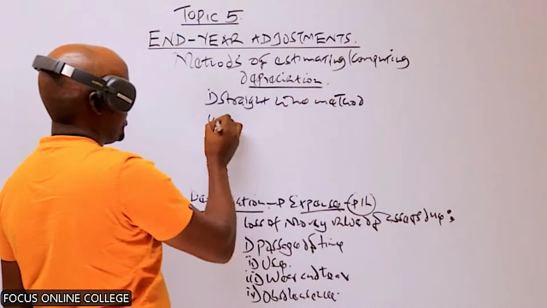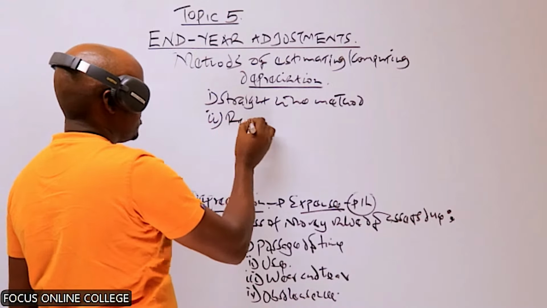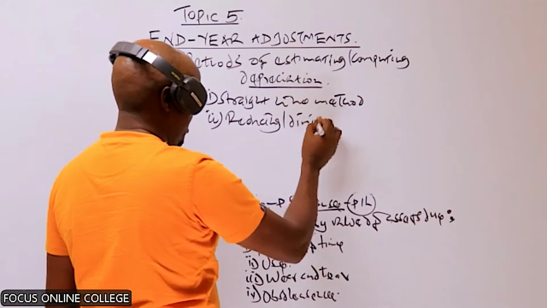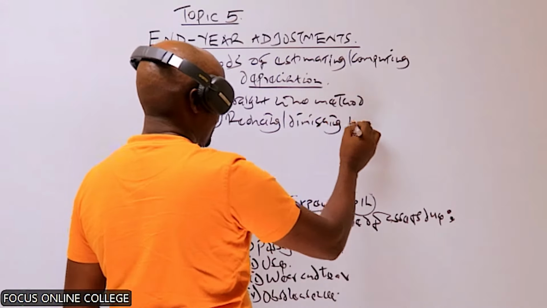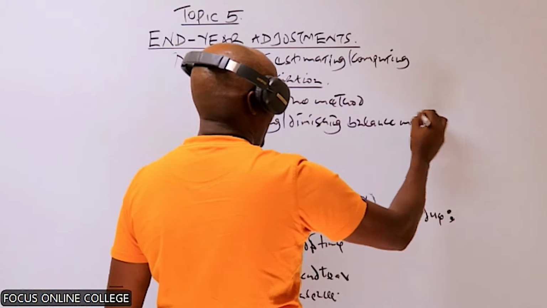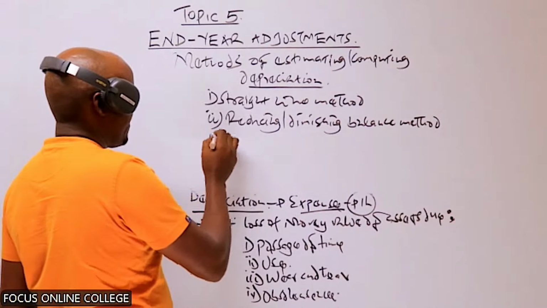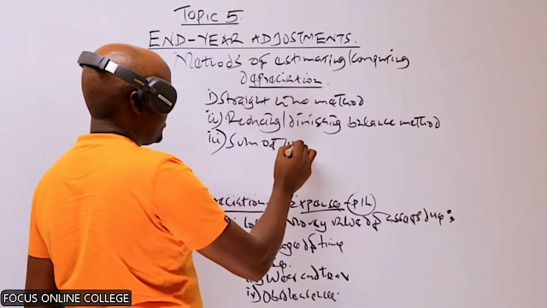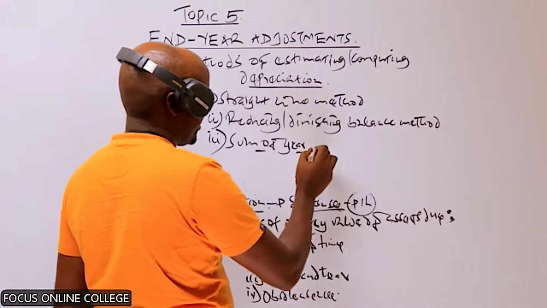Number two, we have the reducing, also known as the diminishing balance method. Number three, we have something called the sum of years digit method.